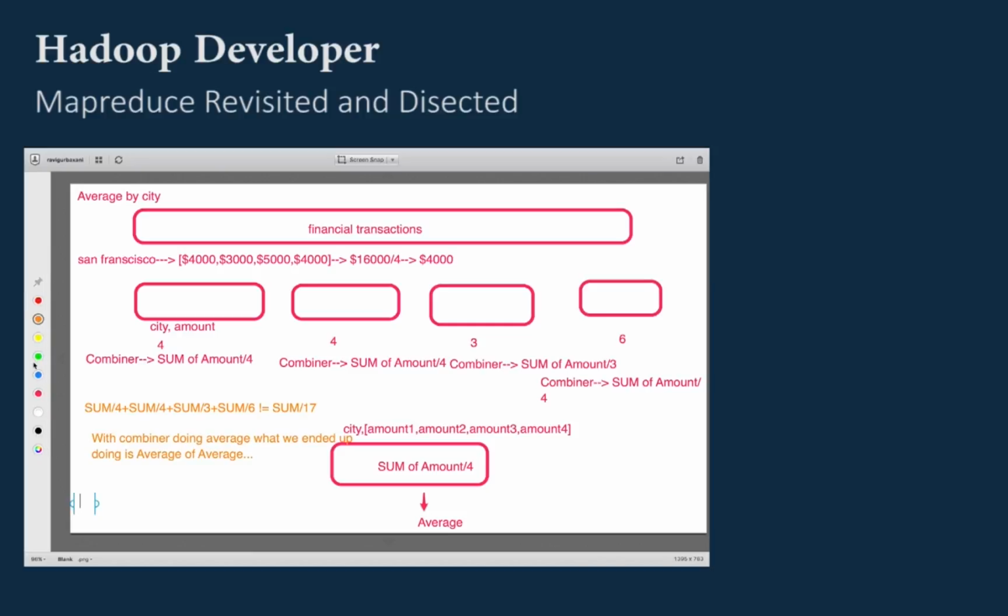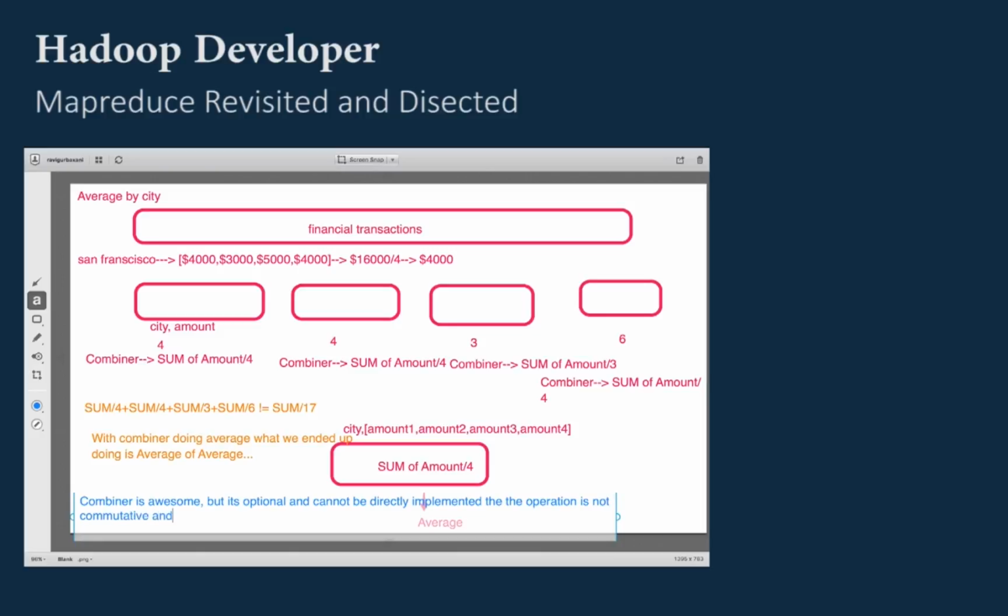The point is, combiner is awesome, but it's optional and cannot be directly implemented if the operation is not commutative and associative.